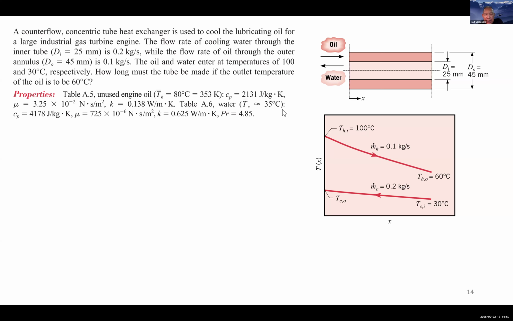If it's in the vicinity of 35, it's okay. But if it's not, you have to redo the iterations once again. Using this 35 Celsius, you can find Cp, mu, and k, and also the Prandtl number of the water.